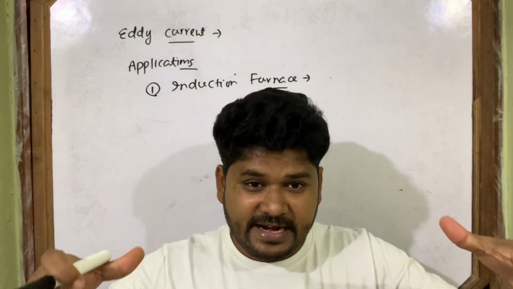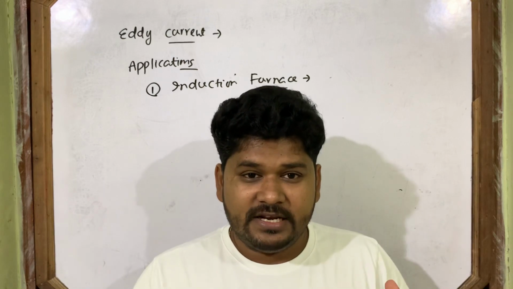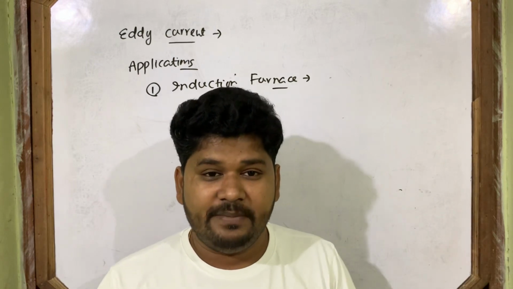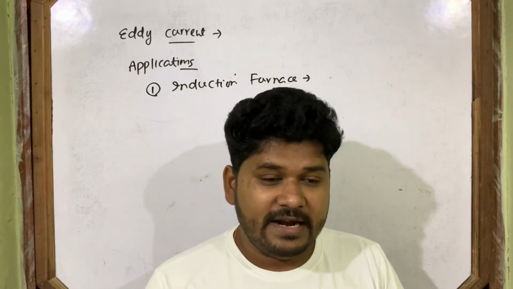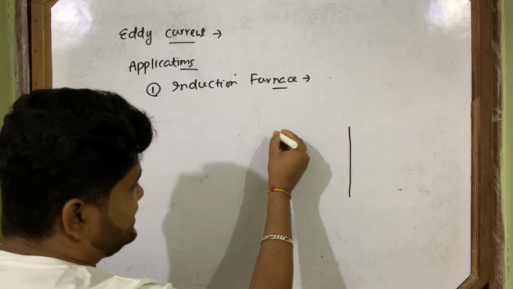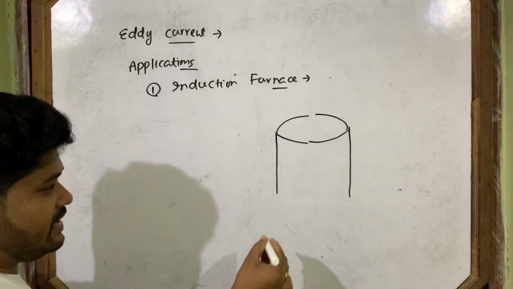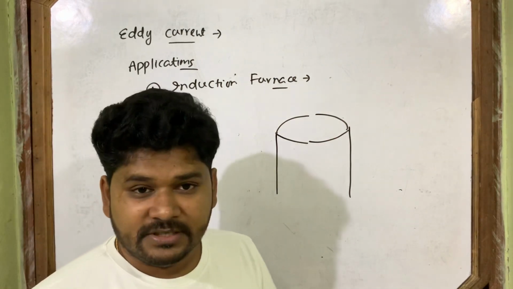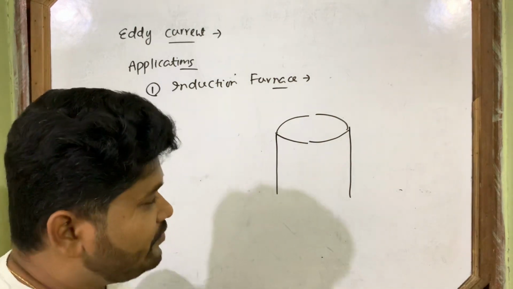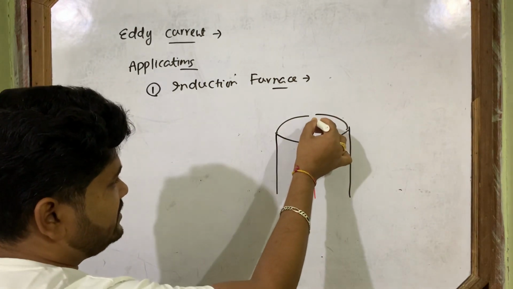There is one jacket, one covering of a high melting point metal, and inside that covering we take two different metals from which we want to make the alloy.